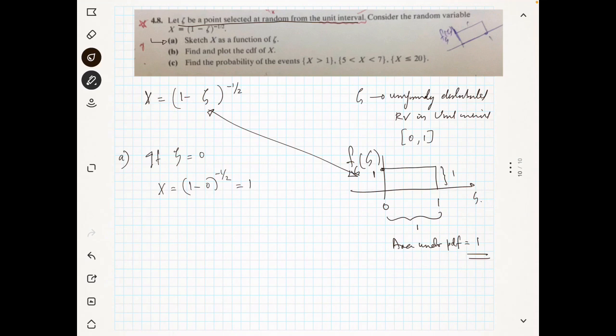And you can see that this is a nonlinear function, so it will be going like this. If you sketch it, it starts from a value when zeta is equal to 0, and when zeta is equal to 1, it becomes 1 minus 1.